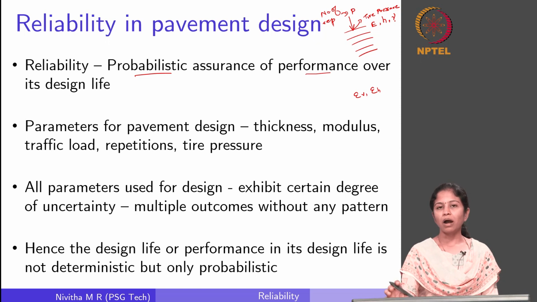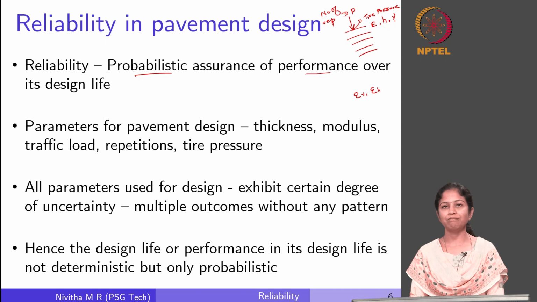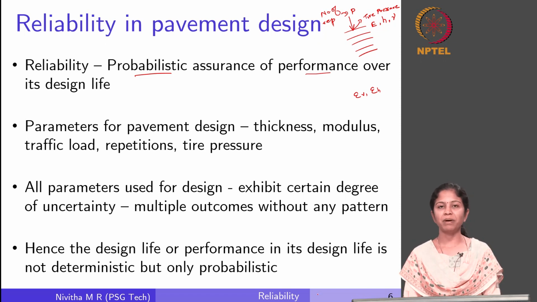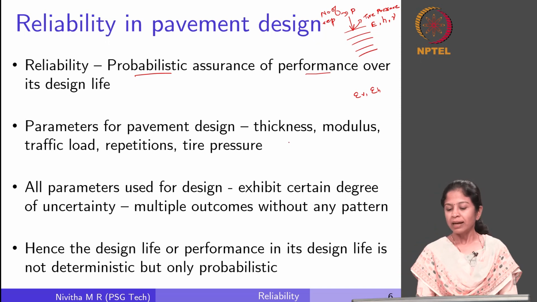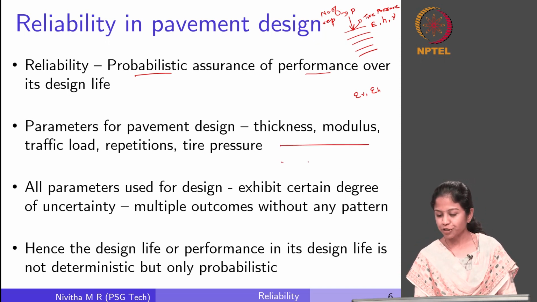Now, how much is the variability associated with all these input parameters, right. We all know that all of these input parameters will have certain degree of variability. This variability can be of different degrees. Let us consider 1 kilometer stretch of a pavement. Let us say this is 1 kilometer.